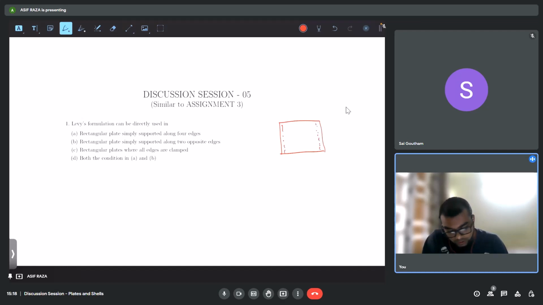So if I take this, it would mean option B would be correct. And there is also a case where all the edges could be simply supported, which also specifies the first option. So with these two conditions being true, our correct option would be option D.